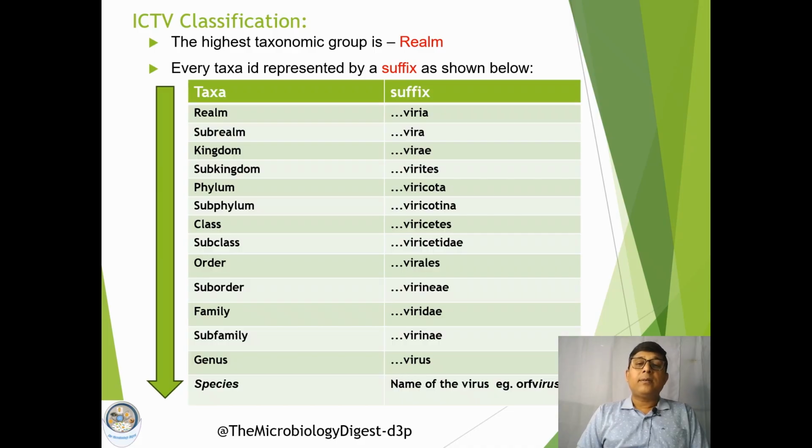Then suborder, virineae. Family, viridae. Subfamily is suffixed with the word virinae. Genus is suffixed with the word virus. And for the species name, the name of the virus is written completely. So this is the classification system used by ICTV, the International Committee on Taxonomy of Viruses.